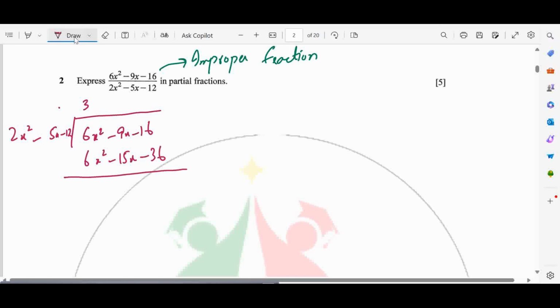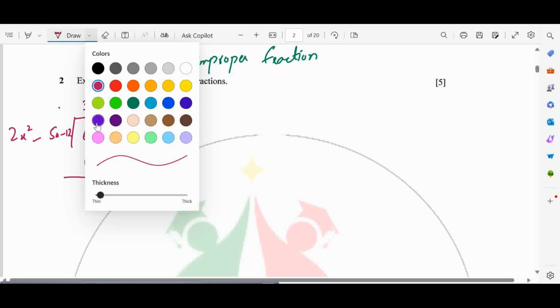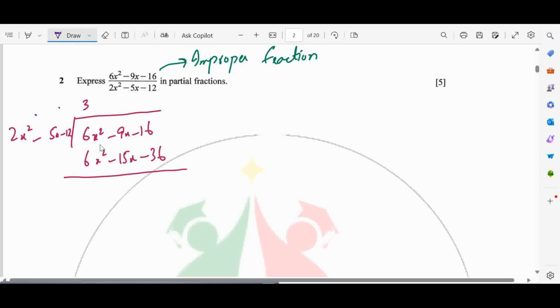So what will we have? We can cancel out these two, and this will be minus 24x, not minus, sorry, we need to change the signs first. This will be plus and plus, so if we add it, this will be 6x plus 20.